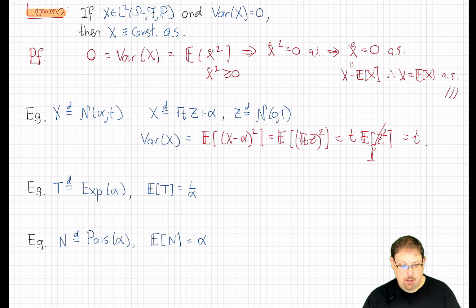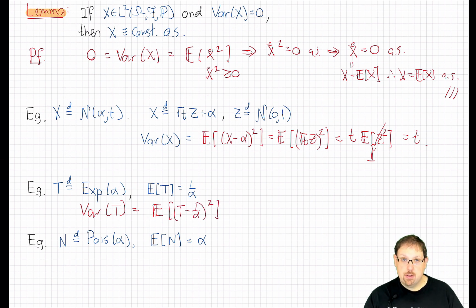How about some of the others that we computed last time? Let's let capital T be an exponential random variable with parameter alpha. We computed that its expected value is then 1 over alpha. Well, its variance is going to be the expected value of T minus 1 over alpha squared.